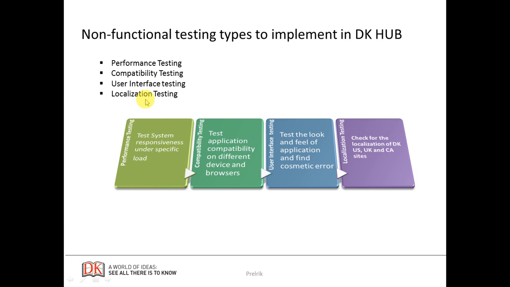So in that case, localization will be like, if you're putting the symbol of currency, then in the US market it should be shown with a dollar, and for the British market it should be with a pound symbol.